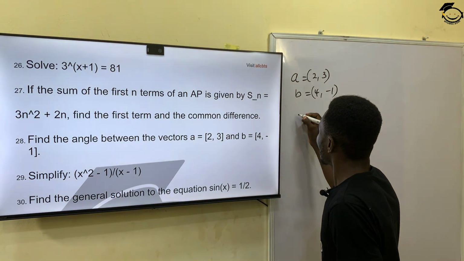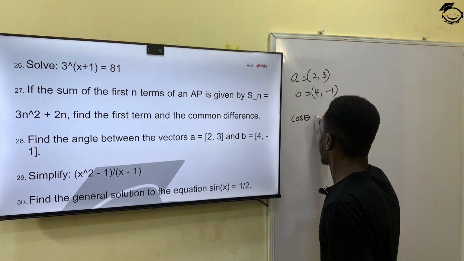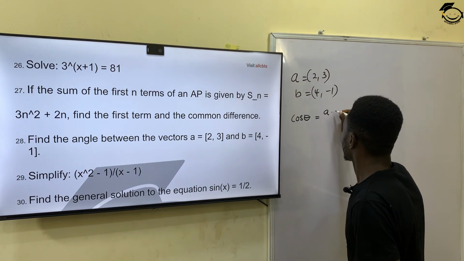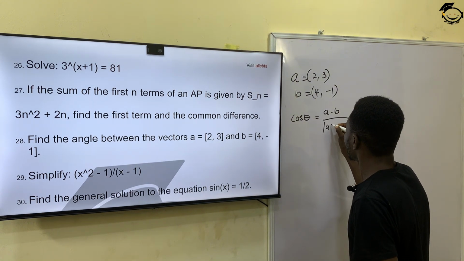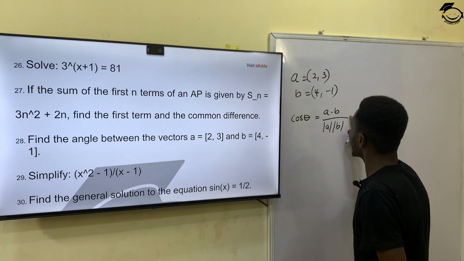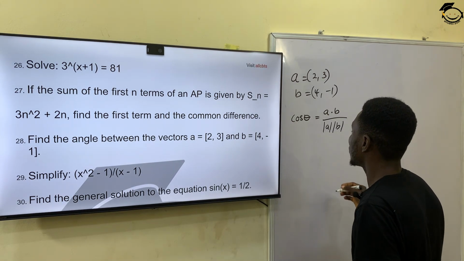So we know that cos theta is supposed to give us A dot B over the magnitude of A times the magnitude of B. So for us to do this, we have to first find out what A dot B is.